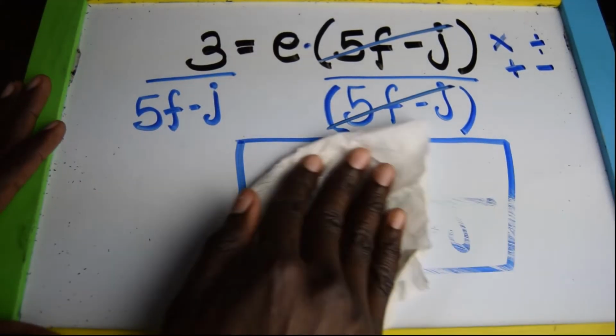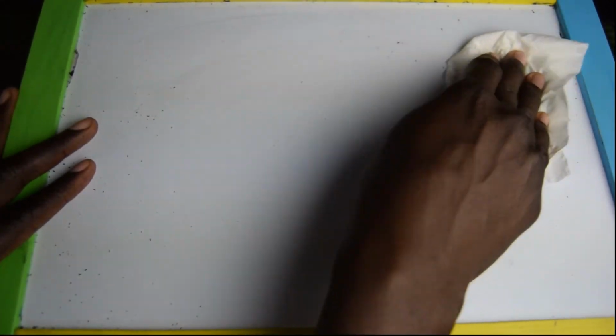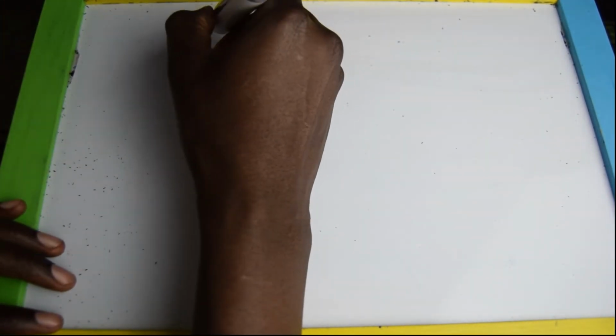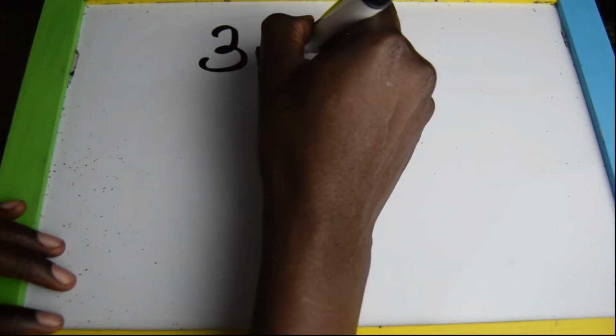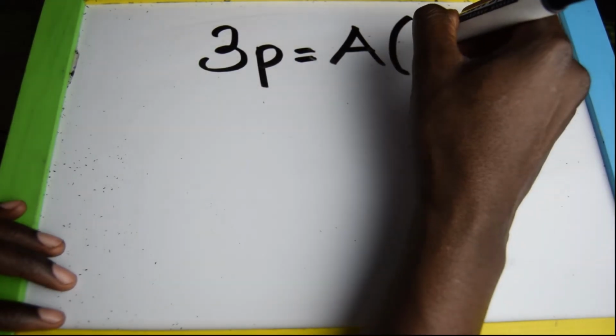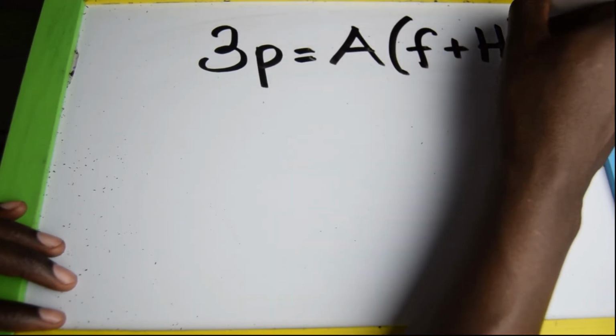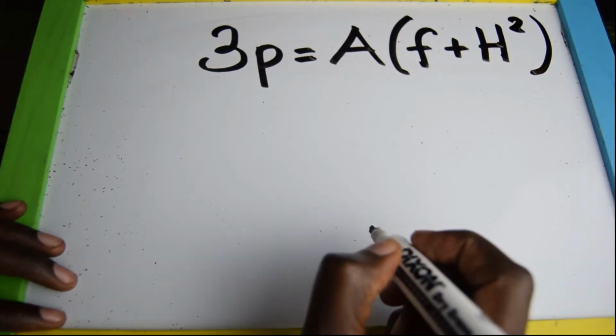Example 2. You're told solve 3P equal to A, and then you have F plus H power 2.